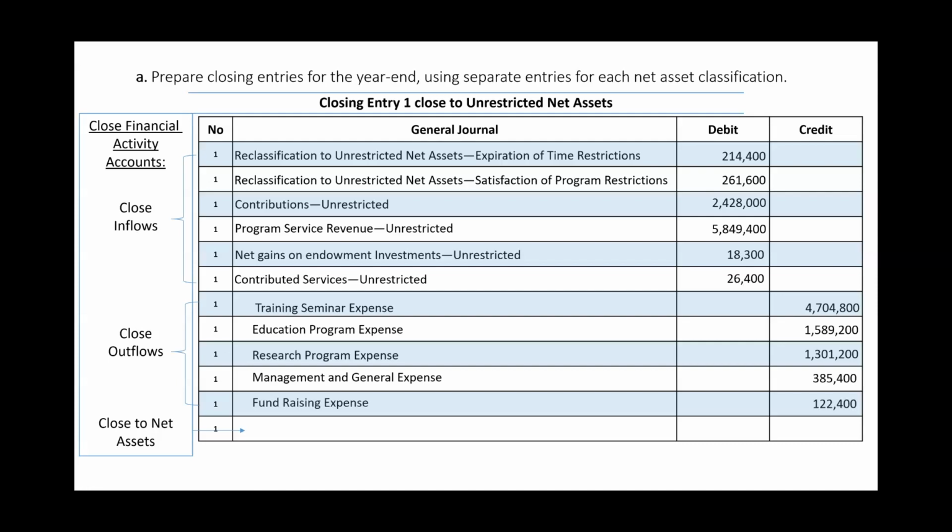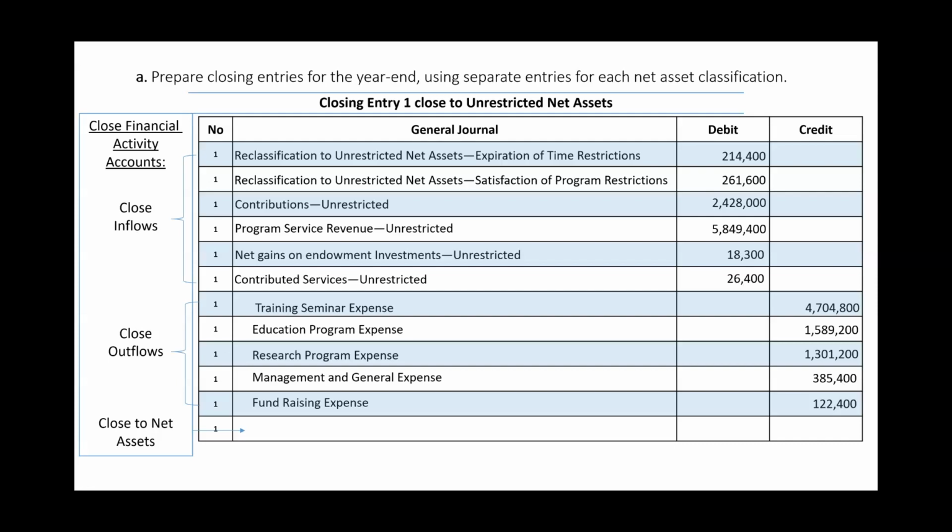So notice those are all credits. Why? Well, increase in expense with a debit, decrease in an expense with a credit. When do you decrease expenses? Well, when you're closing the account. So since expenses are a temporary account and increase with a debit, we're going to close and decrease those with a credit. Again, just intro to financial accounting review. It never hurts to brush up on your fundamentals, right?